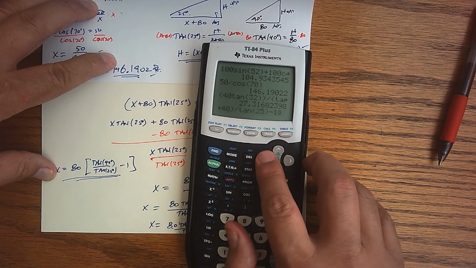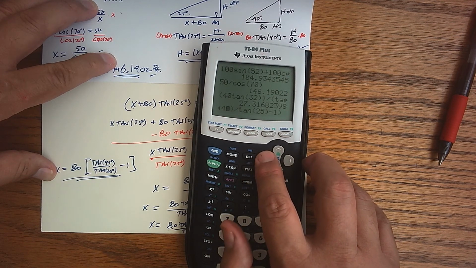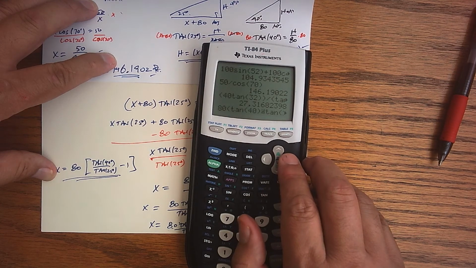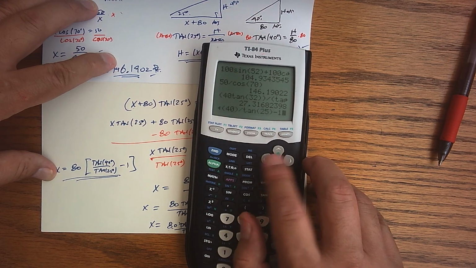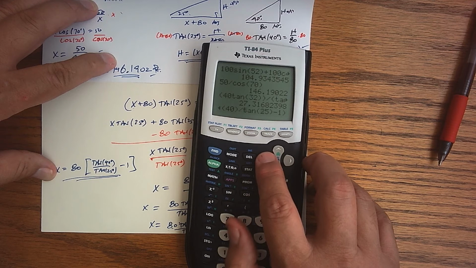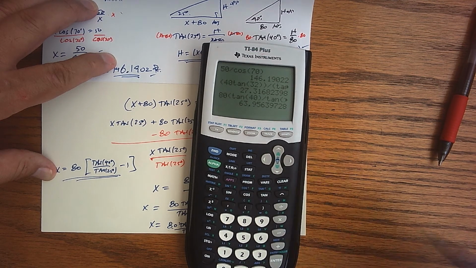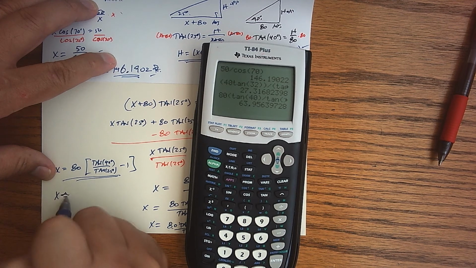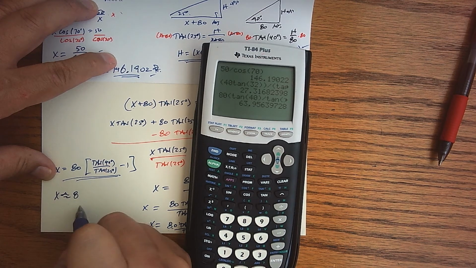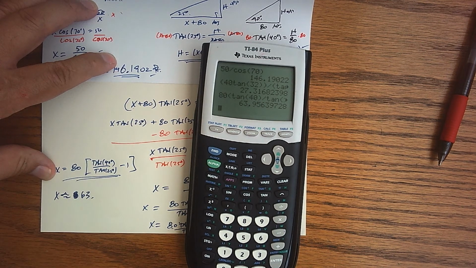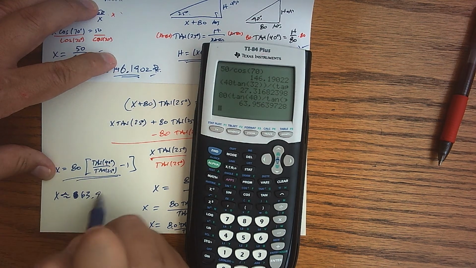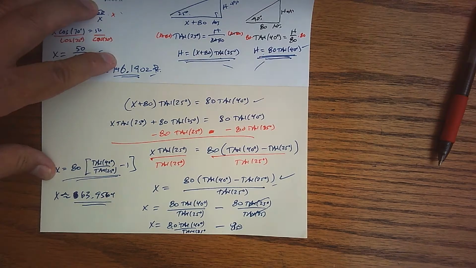So there's the tangent 40 over tangent 25 minus 1, got my parentheses, close my parentheses, it's being multiplied by 80. So when I press that, it looks like our estimated answer is 63.9564, if we go for 4 decimal accuracy. So there would be the completion of that problem.